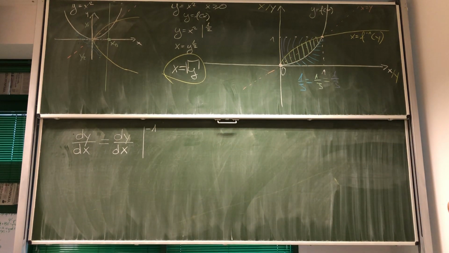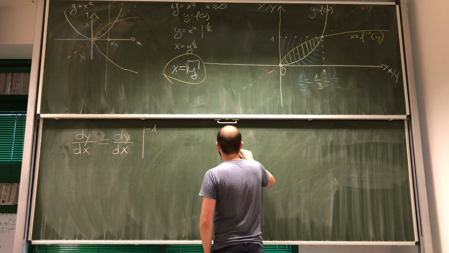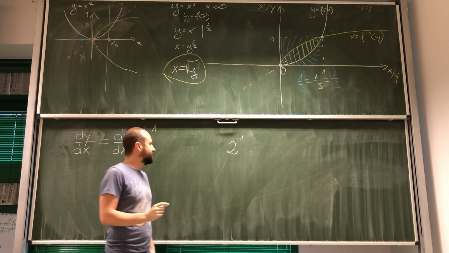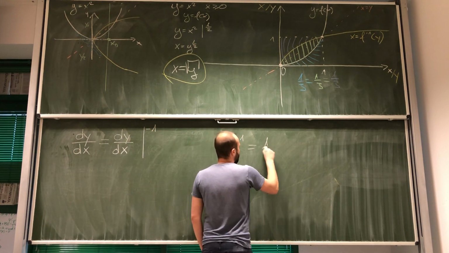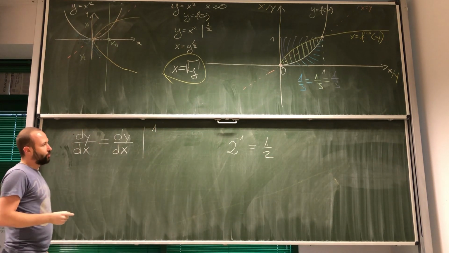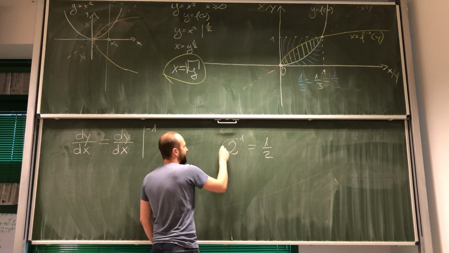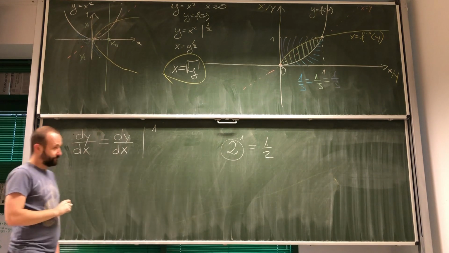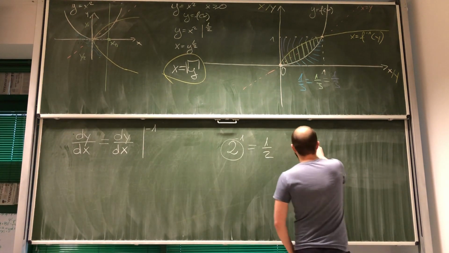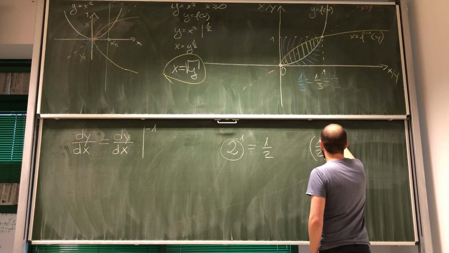Let's remind ourselves, just to be sure, what does it mean? Look, if you have 2 to the power -1, well, this is easy. This is just 1 over 2, right? How did we do it? We took 1, we divided it by the number we have over here, right? Then, what about if we have 1/2 to the power -1?